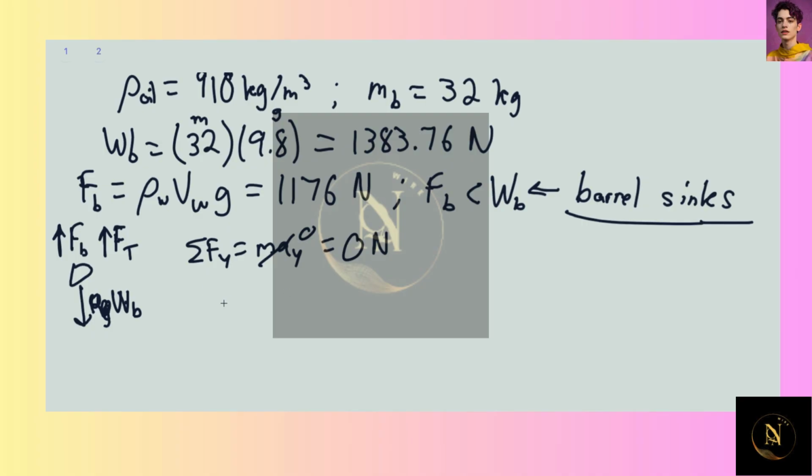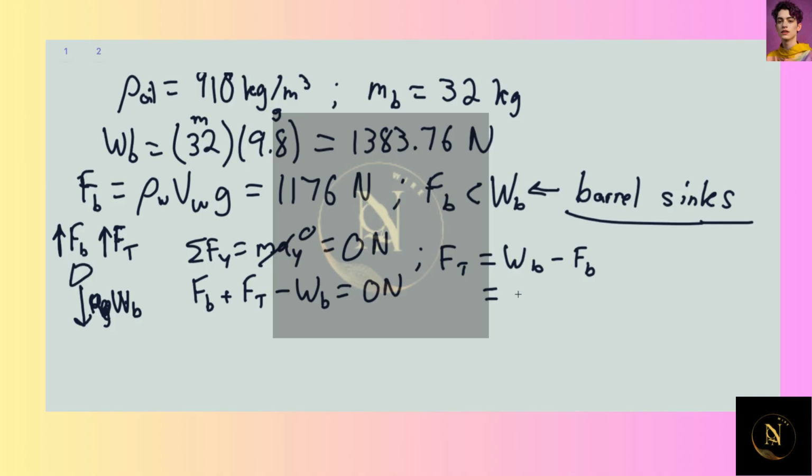So here it would be the buoyancy force plus the force tension minus the weight of the barrel equals 0 newtons. Or we can say the force tension equals the weight of the barrel minus the buoyancy force.